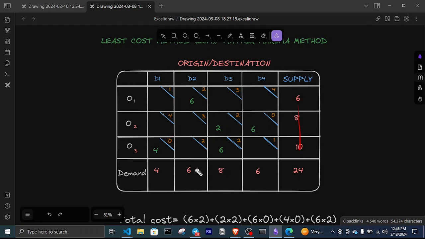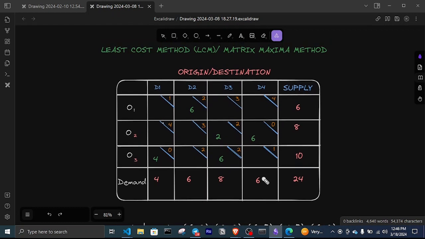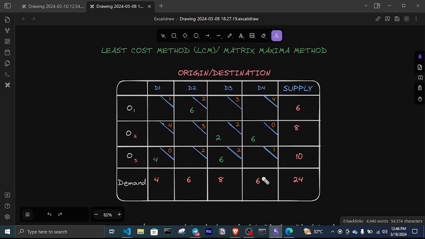So looking at this table, how did I use the least cost method, or the Matrix Maxima Method, to solve this transportation problem? Again, our main objective is to find the lowest cost route to our destination. How do we go about that?